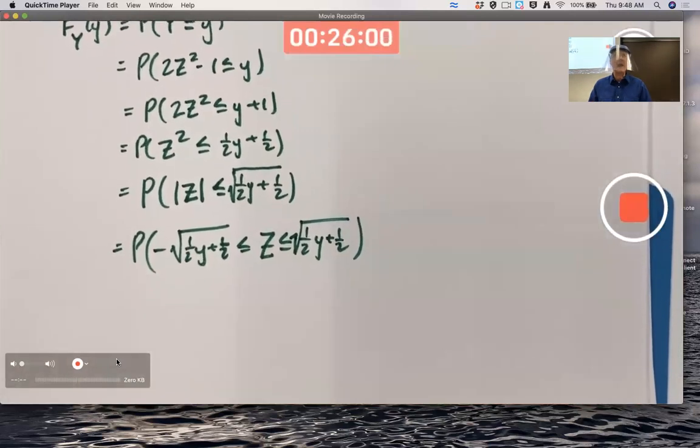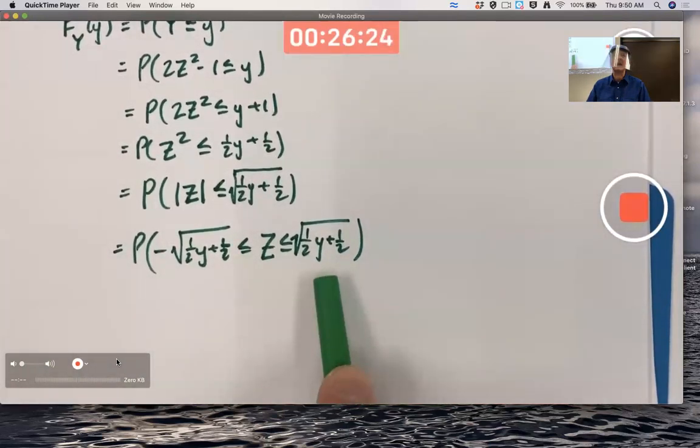The absolute value of A is less than or equal to B, where B is implicitly a positive number. That means A itself is between negative B and positive B. And this is really the difference of two CDF values: capital phi of this minus capital phi of that.